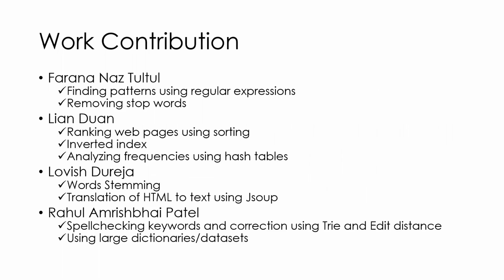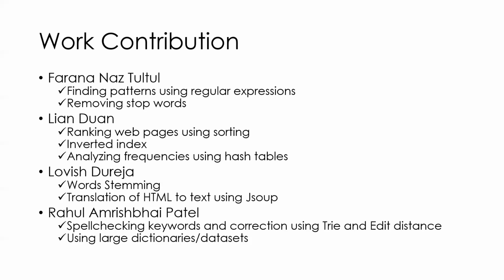For individual contribution, Farana implemented two features. First, she used regular expressions for finding patterns in the dataset. Another, she implemented a feature of removing stop words like articles and symbols. Lian worked on the inverted index. In addition to this, he used sorting and hash tables for ranking web pages and analyzing frequent results respectively.